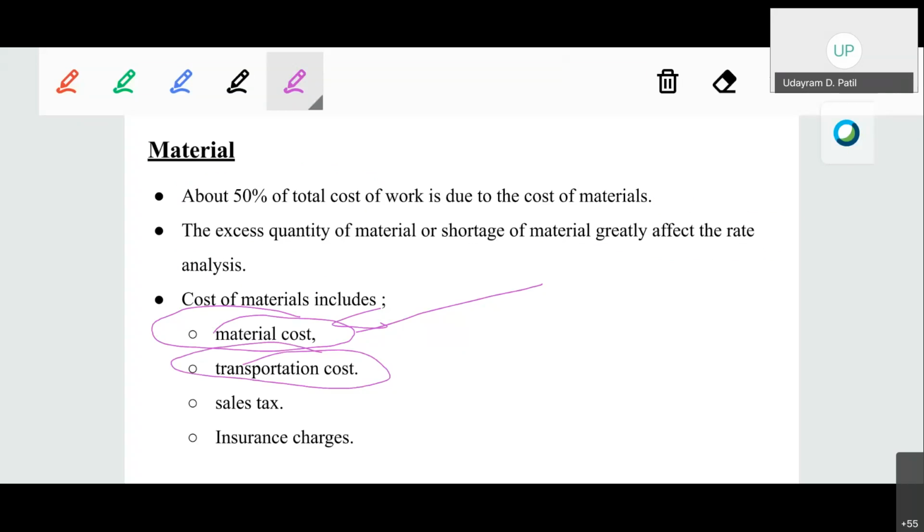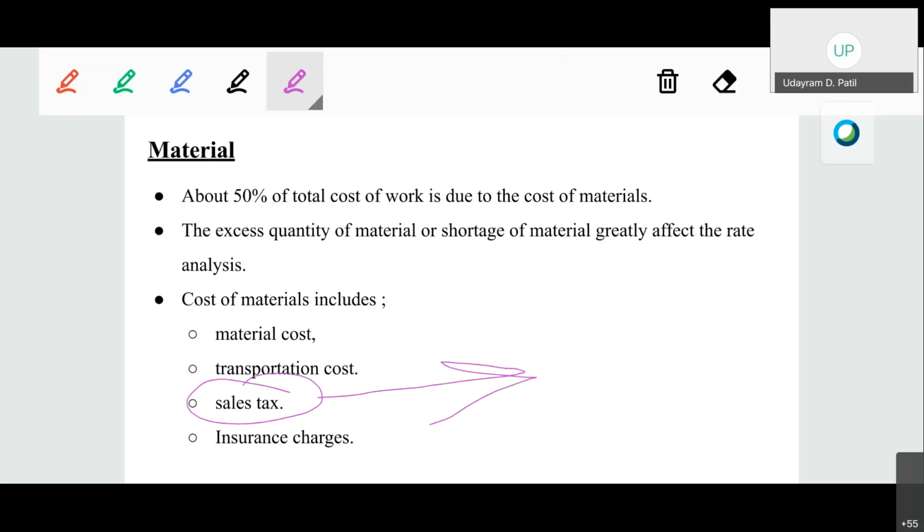So the transportation cost will be there, as well as the sales tax. If there is any kind of taxation, whether it is GST or whatever on the manufacturing, that will also be included, as well as the insurance charges. Along with this tax, in the case of the sales tax, the tax also includes the road taxes.